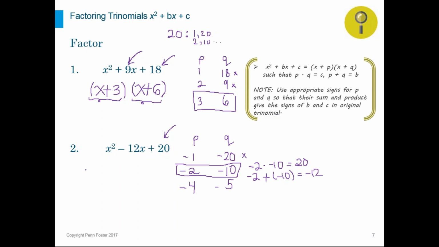How I'm going to write it out here? Two sets of parentheses, x and x. And since both the 2 and the 10 are negative, I'm going to have a minus sign and a minus sign. And then write out the numbers 2 and 10 or 10 and 2. It's not going to matter because the signs are the same. So the factors of this trinomial are x minus 10 and x minus 2.